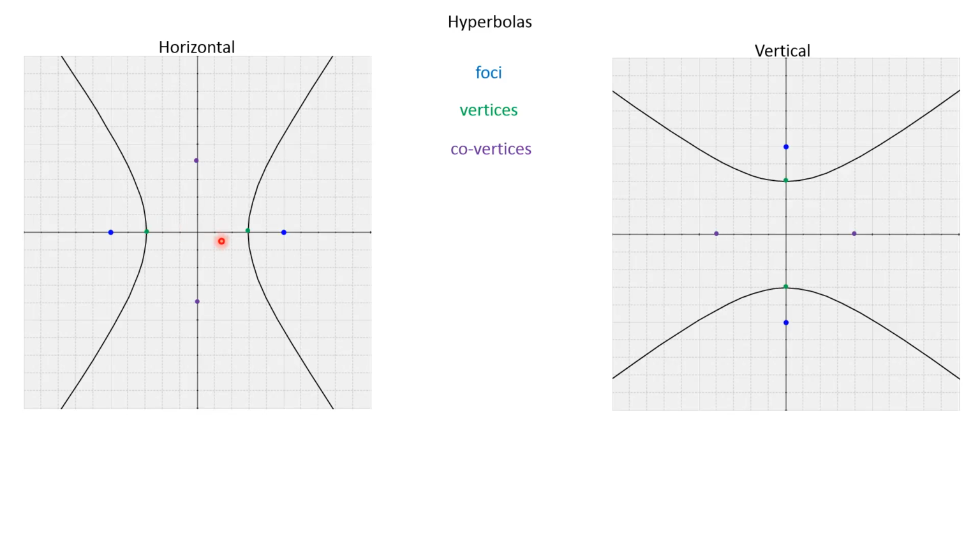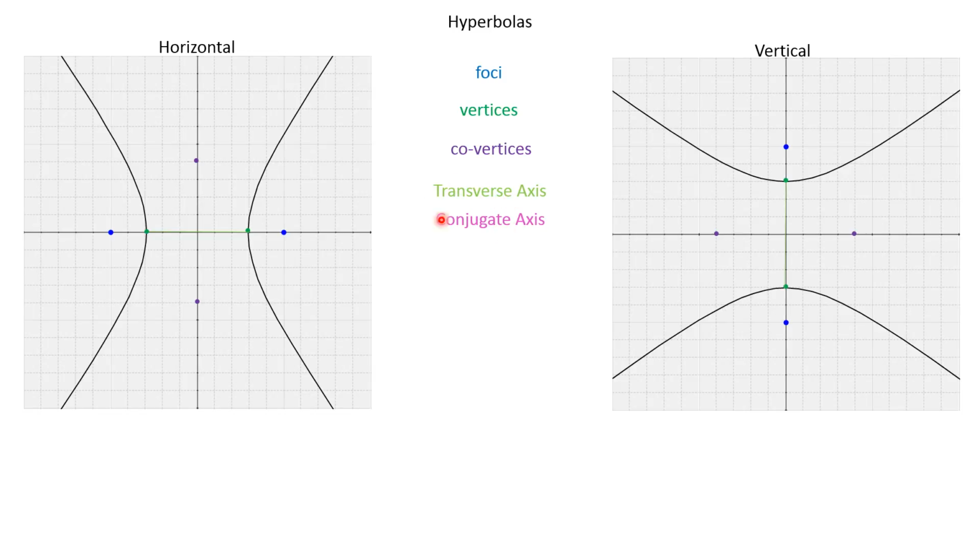But if it was shorter, calling it a major axis seems kind of strange. So we give it another name. We call it the transverse axis. It's still just the line between the vertices, and then vertical as well, the transverse axis. Well, then the line between the covertices is obviously going to be called the conjugate axis.